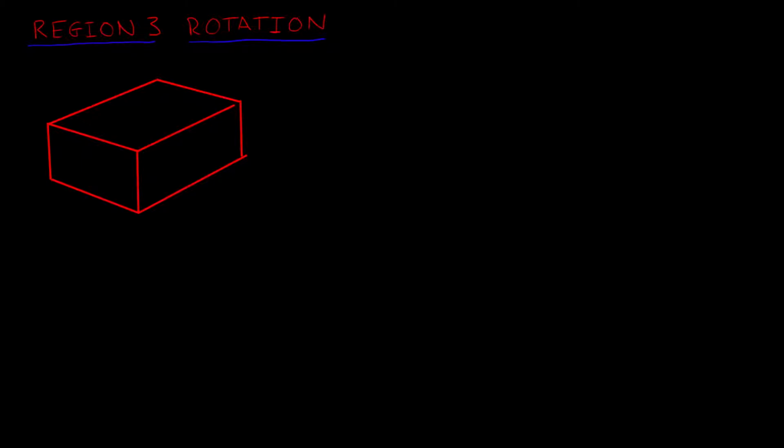That being said, let's go over first off what the problem is. This is, for all intents and purposes, a perfectly aligned shape. I can say this is the Y component, this is the X component, and this is the Z component. It's pretty straightforward.